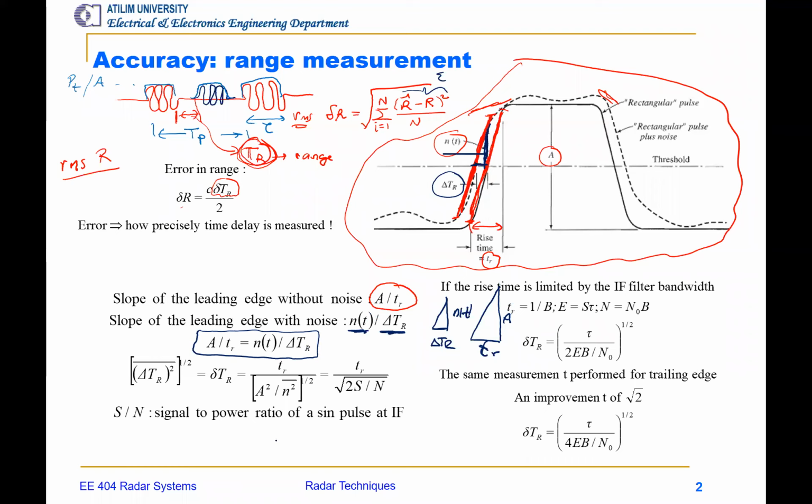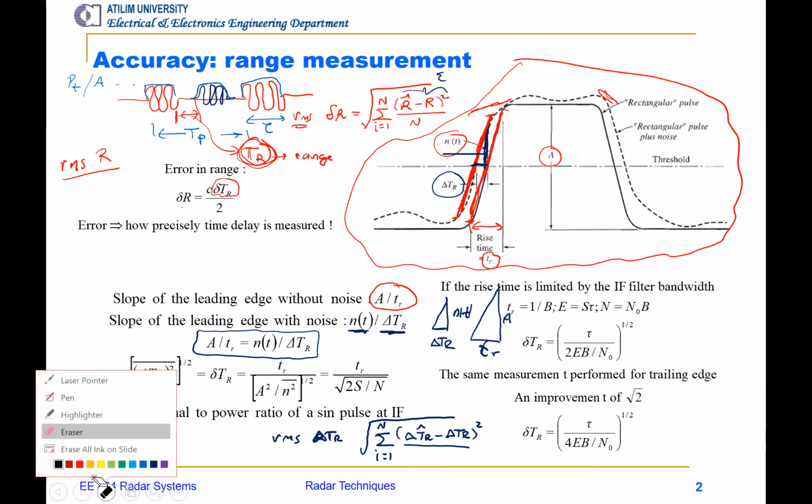Okay, so we get the RMS delta TR simply as the square root of the sum over, let's say, 1 to n samples, of delta TR estimated minus delta TR measured, squared, over n. Okay?